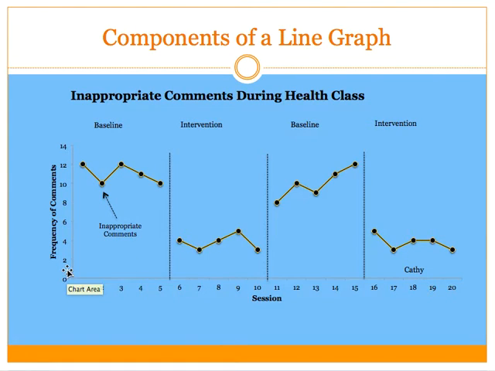Also, this is listed in twos. This is numbered by twos. It doesn't have to be numbered by twos. It could be numbered by fives. It could be numbered as 1, 2, 3, 4, 5, 6, 7, 8, and so on. Again, how you number this depends on the data that was collected.